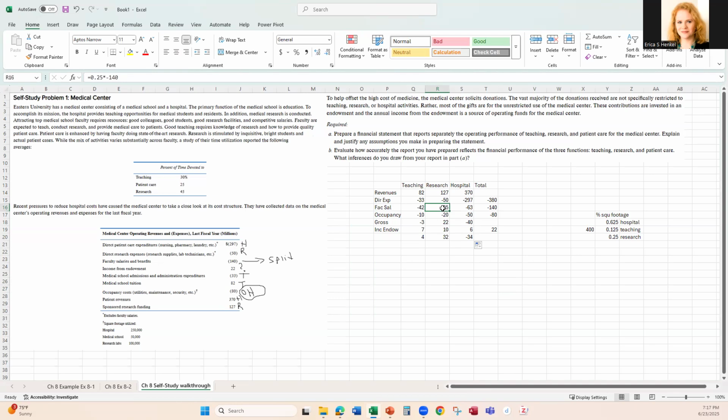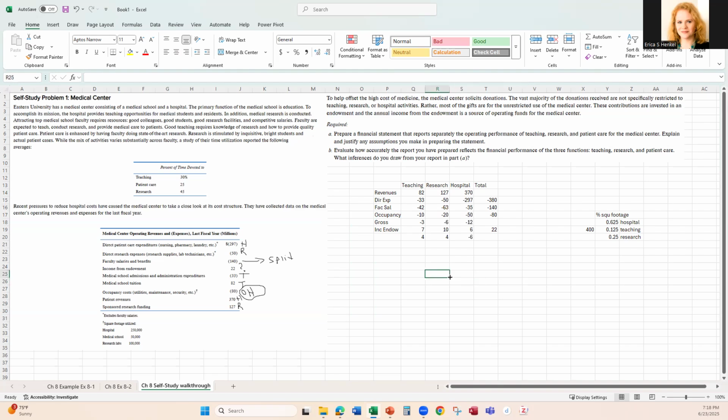What percentage do I have there? 0.25 and 0.45. Interesting. Hold on a second. Do I have those backwards? Oh, research is 45. Okay, sorry, I've got those wrong. There we go. Wrong percentages assigned in there. Okay, so that gets us to we were losing money everywhere before the endowment, and now we're just losing money on the hospital here.